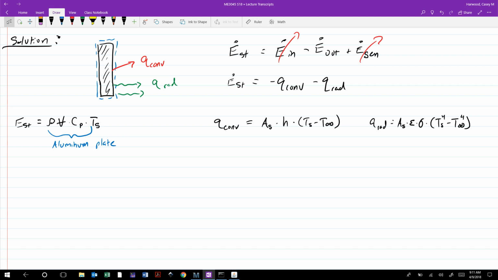So plugging these in then, what we get is rho V Cp times dTs/dt.